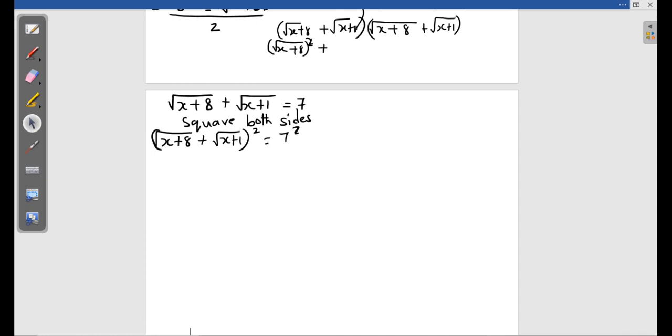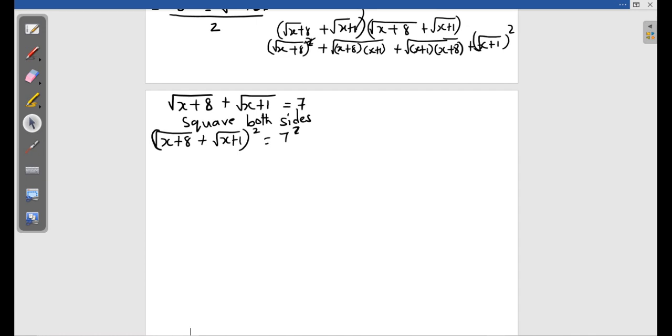Root x plus 8 times root x plus 1 will give us the square root of x plus 8 times x plus 1. Root x plus 1 times root x plus 8 will give us root x plus 1 times x plus 8. Square root of x plus 1 times square root of x plus 1 will give us square root of x plus 1 squared.